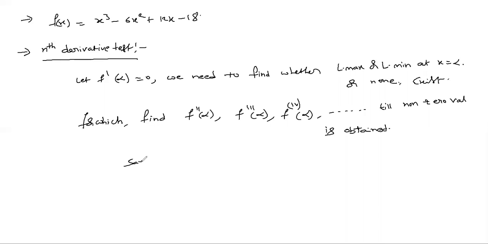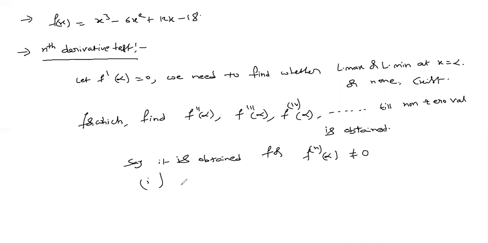Let us say it is obtained for the nth derivative, meaning the nth derivative at alpha is non-zero.